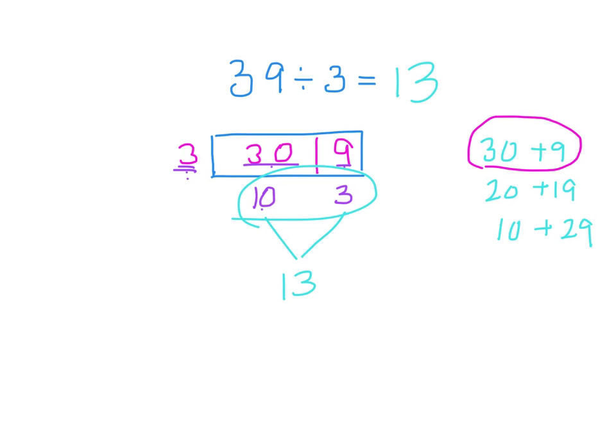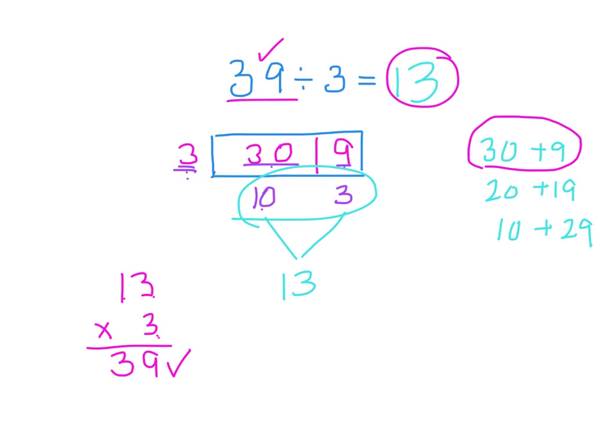I check my work. Quotient times divisor should equal dividend. 3 times 3 is 9. 3 times 1 is 3. 39, 39. My final answer is 13.